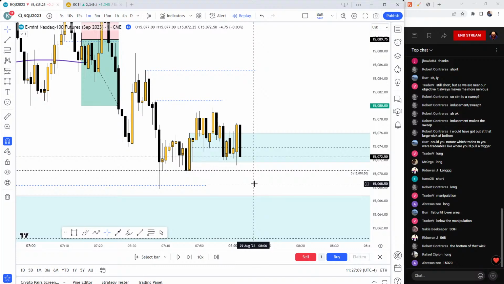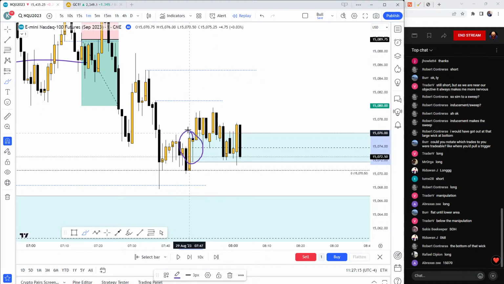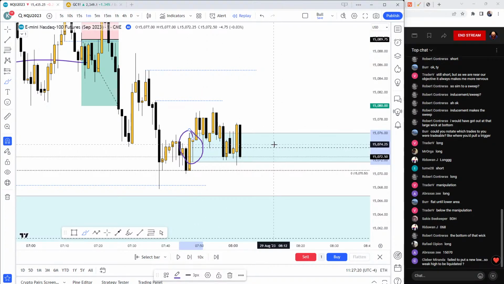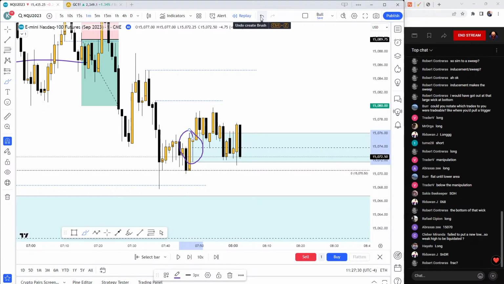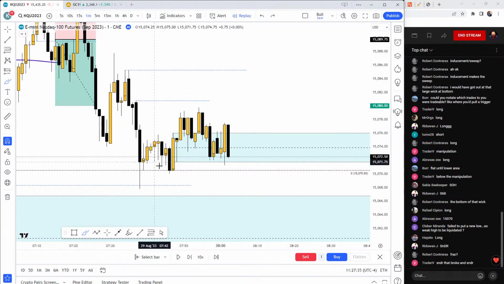Okay. What's this area here? Right? It's an SNDR.